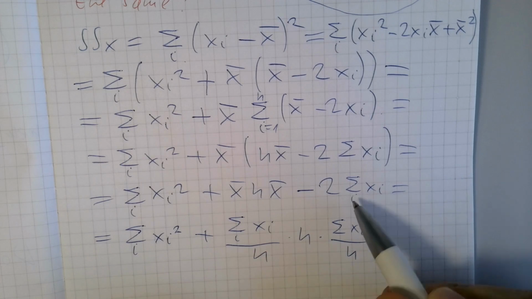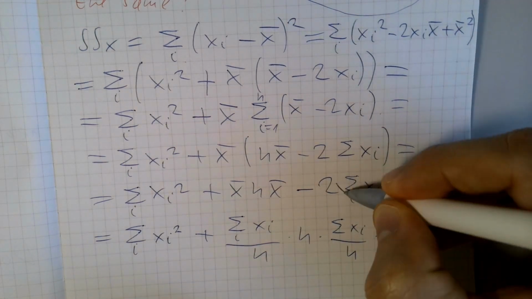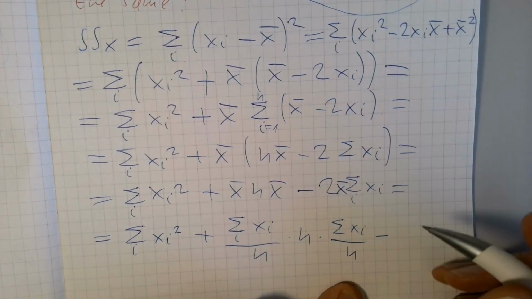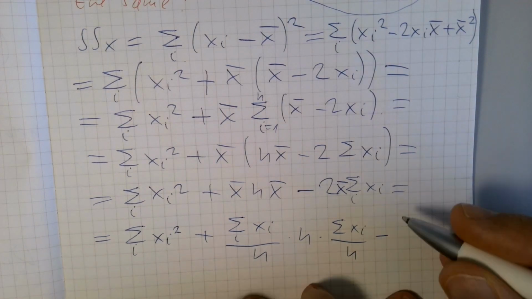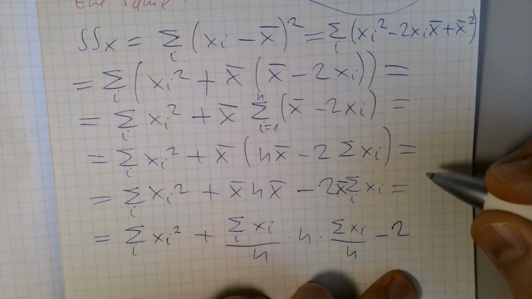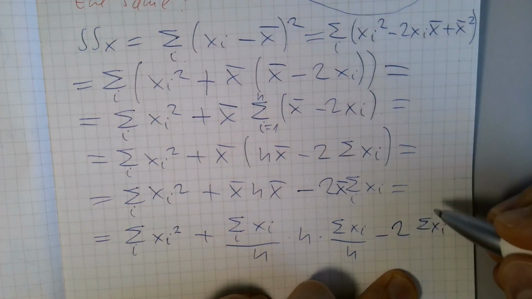Well, it's another mistake here. I still have the mean there. It was there. I just forgot to write. So minus 2 times the sum of xi divided by n.